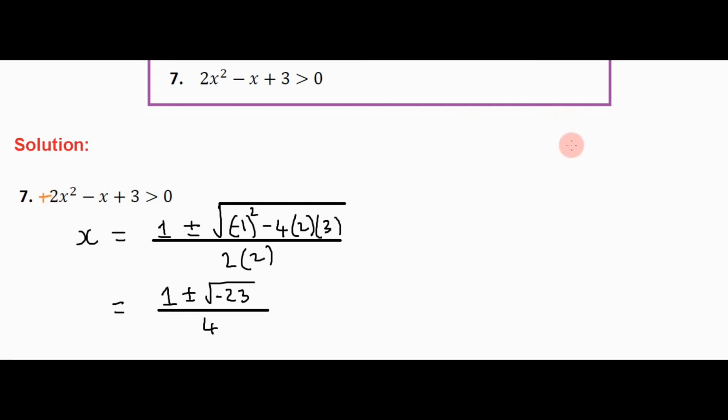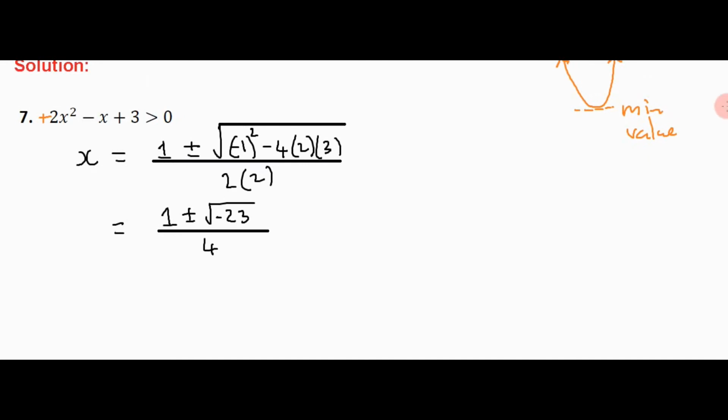So we know it's a parabola that smiles like a positive person. In other words, it has a minimum value. And the fact that x equals 1 plus or minus the square root of a negative number, we said, tells us that this parabola doesn't have any roots.